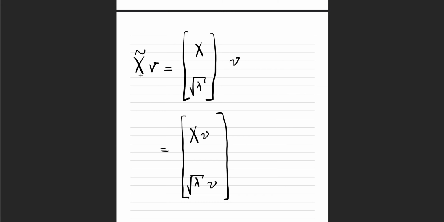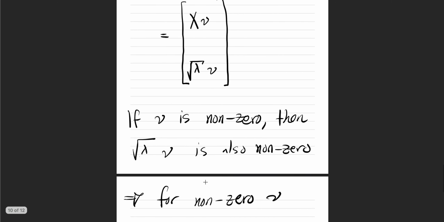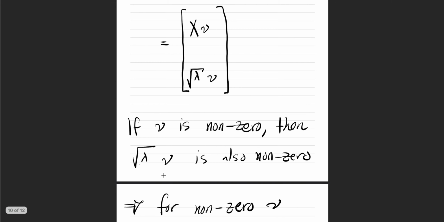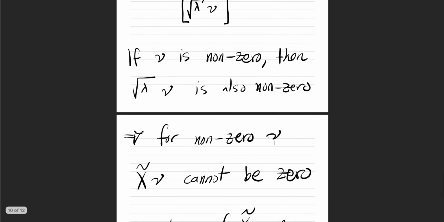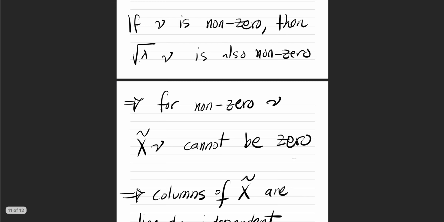Is it possible for this vector to be 0? This vector is made out of two block vectors. In order for this to be 0, Xv must be 0 and the square root of lambda v must be 0. If v is non-zero, then square root of lambda v is also non-zero. Then for non-zero v, X tilde v cannot be 0.